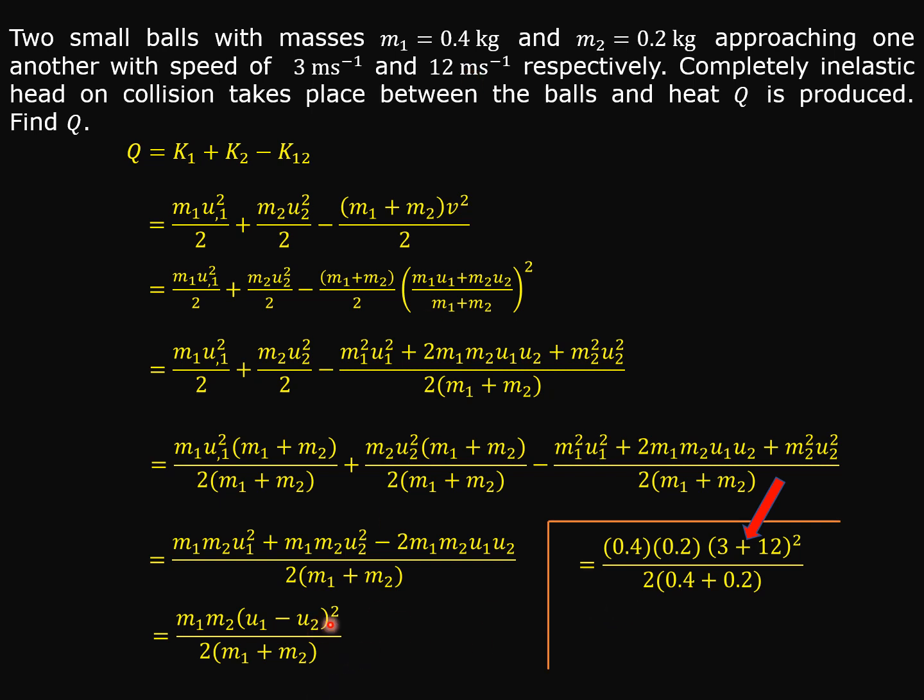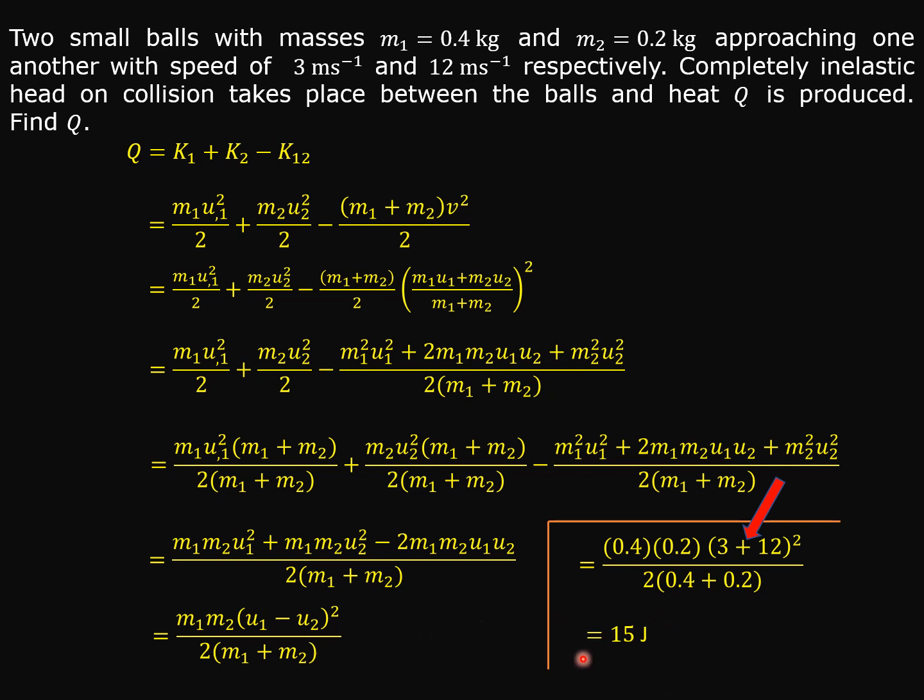So don't forget to substitute u2 as negative 12. That is why here it becomes positive, because u2 is a negative value, negative 12 times the negative gives a positive value. Don't make this mistake. Here should be positive. And then divided by 2 times m1 plus m2, 0.4 plus 0.2.